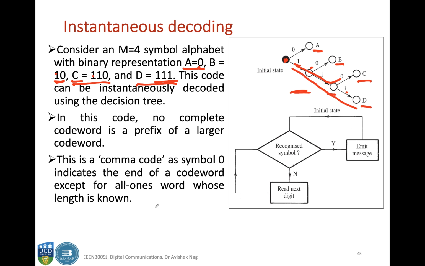So this is a way of assigning code words so that you can have variable length code words, and at the same time you can uniquely decode them by looking at the code words.